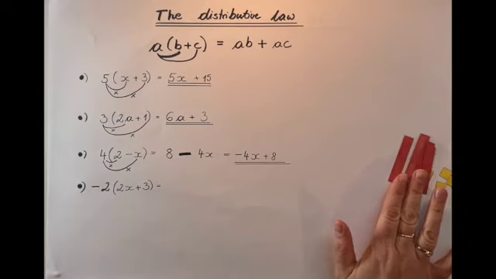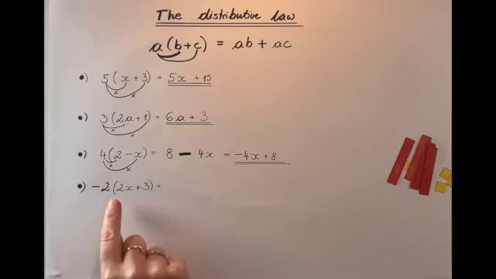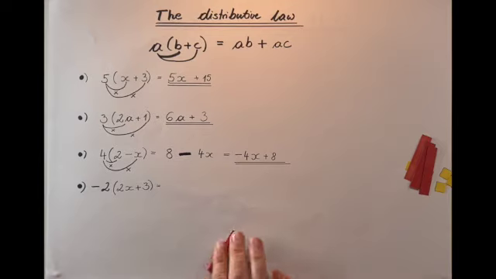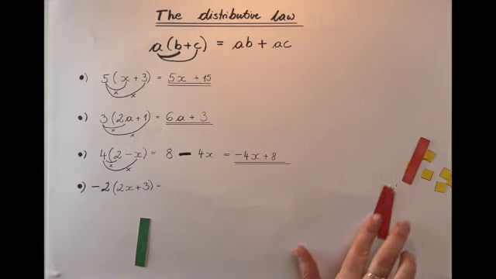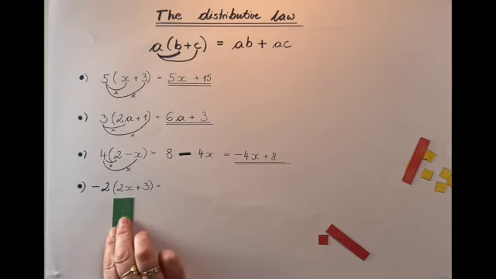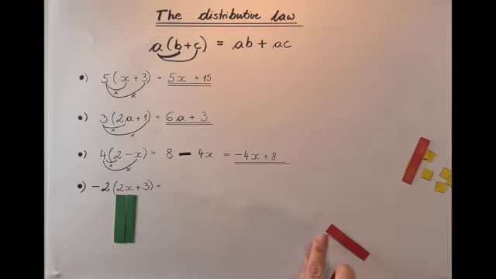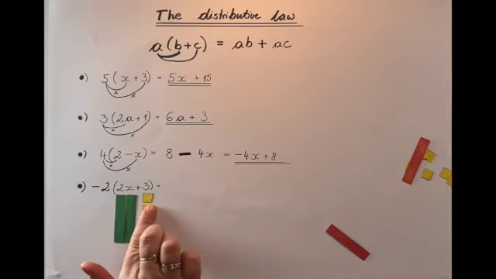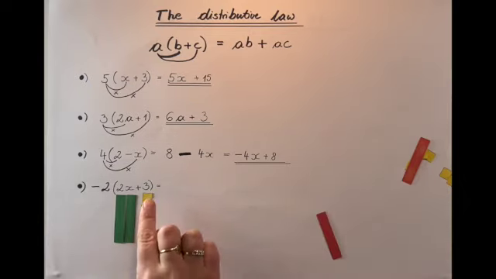For now, what we're going to do is we're going to start again as we did consistently here by laying out our bracket. So I've got here 2x and 3.